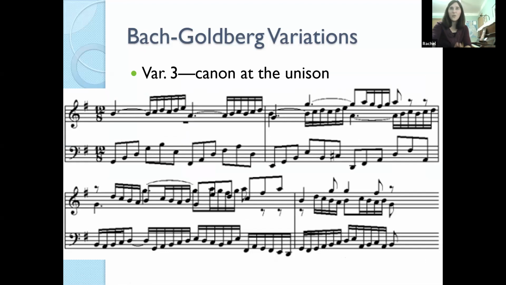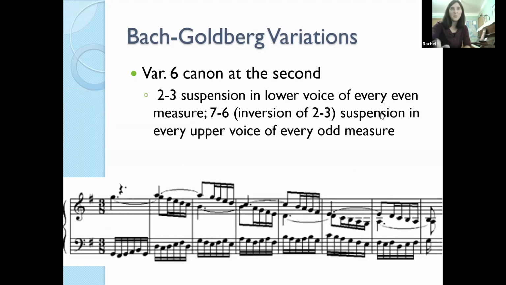We learned that the way it works is every 3 variations there's a canon, and it's at ascending intervals. That means the next one is not a canon at the unison, but a canon at the second. Then we might think, how does this even work? That sounds like lots of not nice intervals, but it depends on how it's constructed.